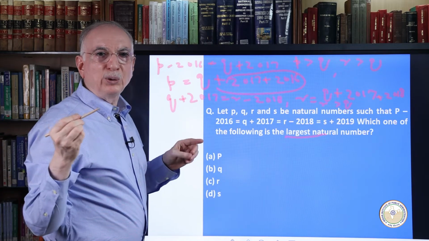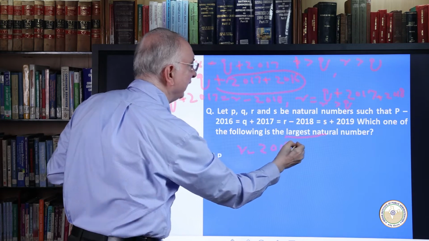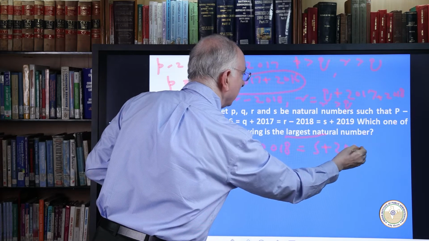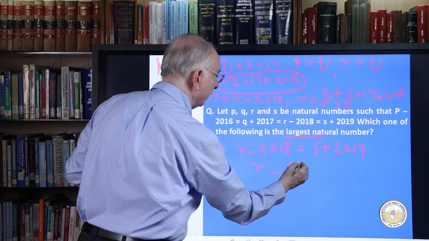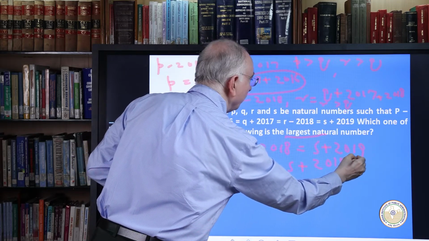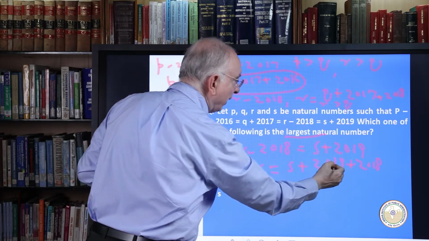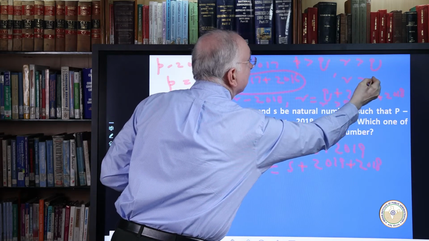R minus 2018 is equal to S plus 2019. That also means R is equal to S plus 2019 plus 2018. That means R is equal to S plus some positive quantity. So that means R is greater than S also.